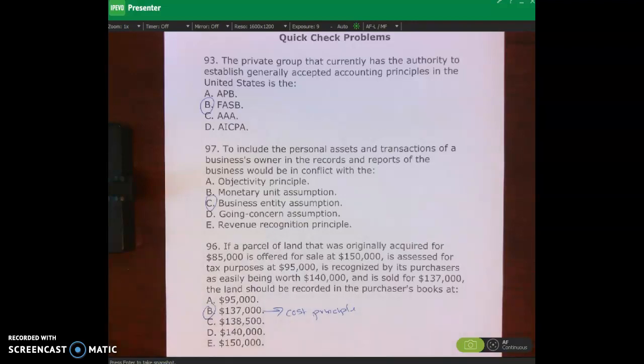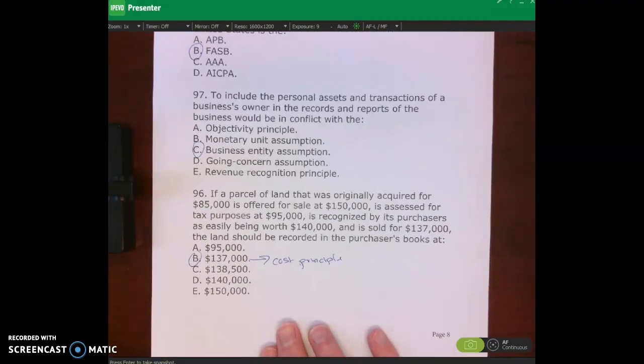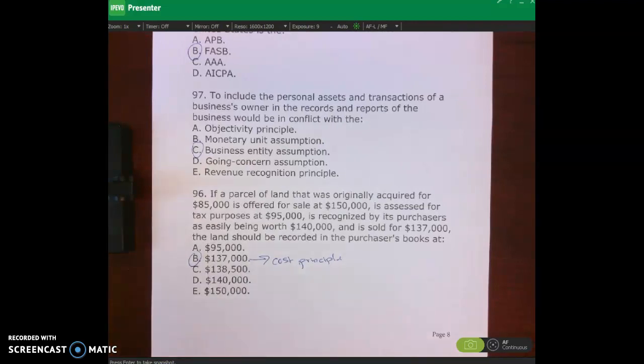The next one, number 96, a parcel of land that was originally acquired for $85,000 is offered for sale at $150,000, is assessed for tax purposes at $95,000, but is easily recognized by its purchasers as being worth $140,000, but then is sold for $137,000.